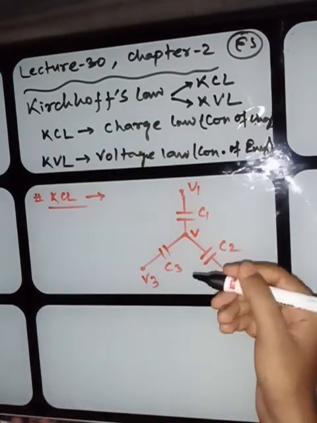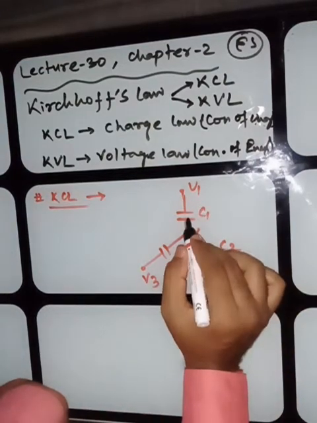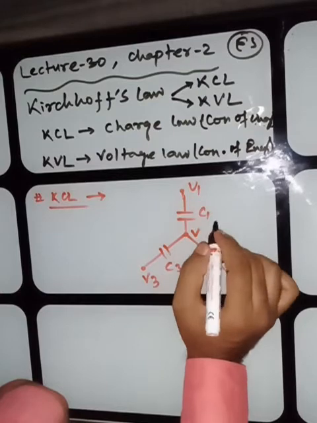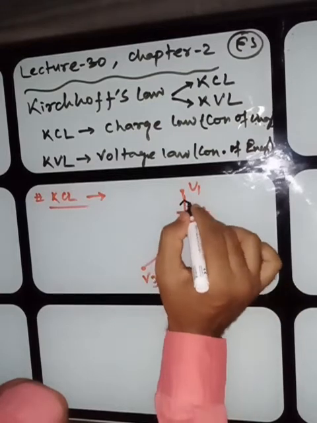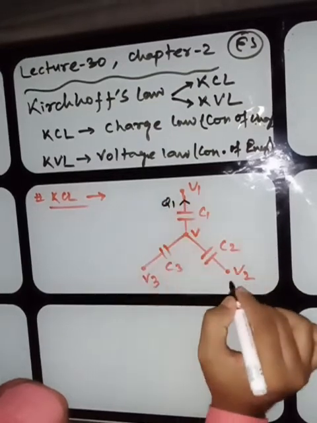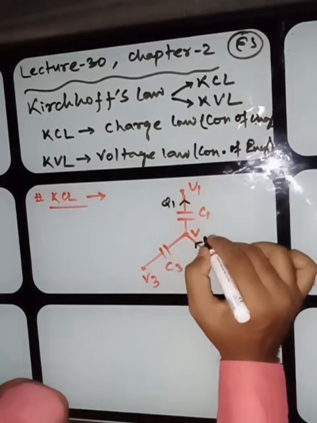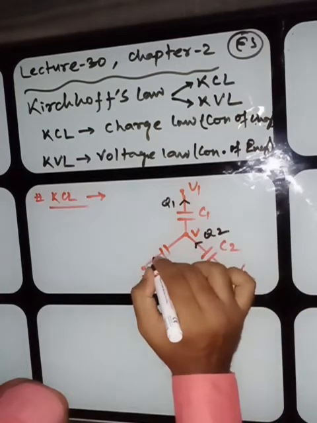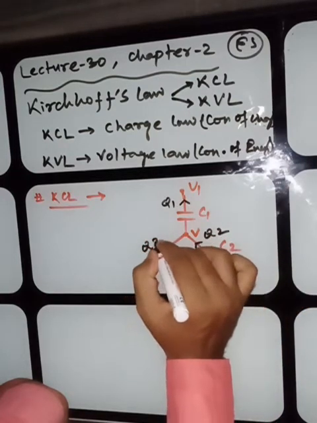Whether the charge will come to this capacitor or will go from this capacitor, totally depends on the potential difference. Suppose the charge is going Q1, charge is coming Q2, charge is also coming Q3.